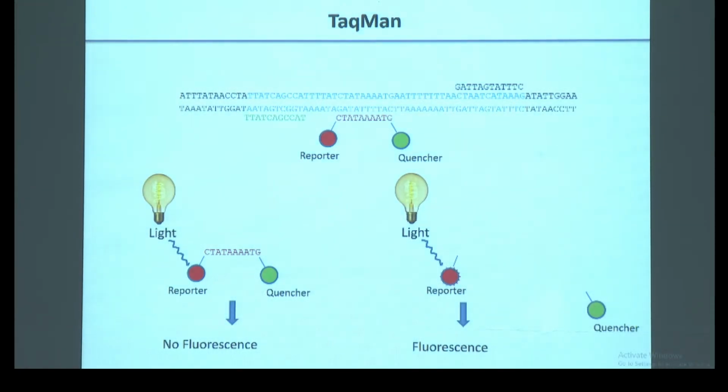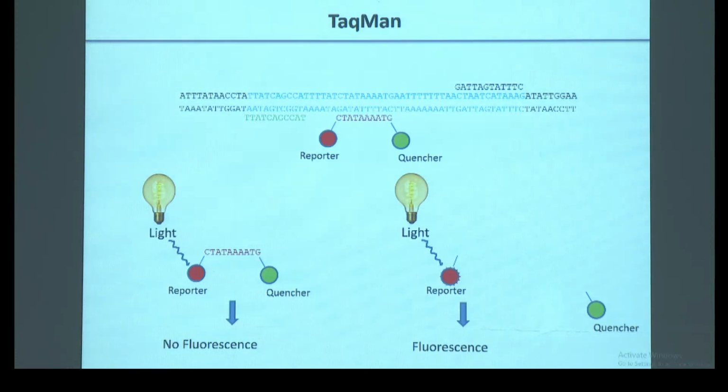Another one is TaqMan chemistry. So we don't use any intercalating dye. Instead we use a TaqMan probe. This is the TaqMan probe, which is unique compared to the primers in two aspects. One is it is lacking a free hydroxyl group.